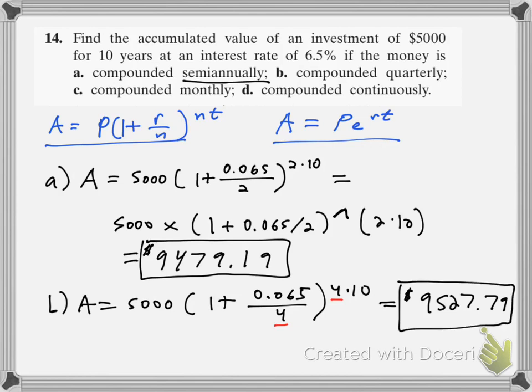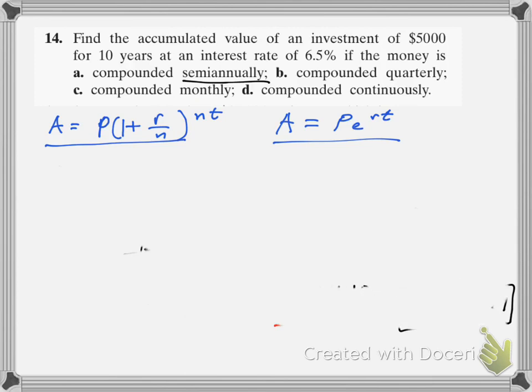And then if I wanted to do monthly, I'm not actually going to do the monthly one. I would just literally go through and change that to a 12. But let's do the continuously one. If I want to erase this, I can do the continuously part D. And that would be A is equal to P, which is $5,000, times E, and in the exponent would be 0.065 times 10.